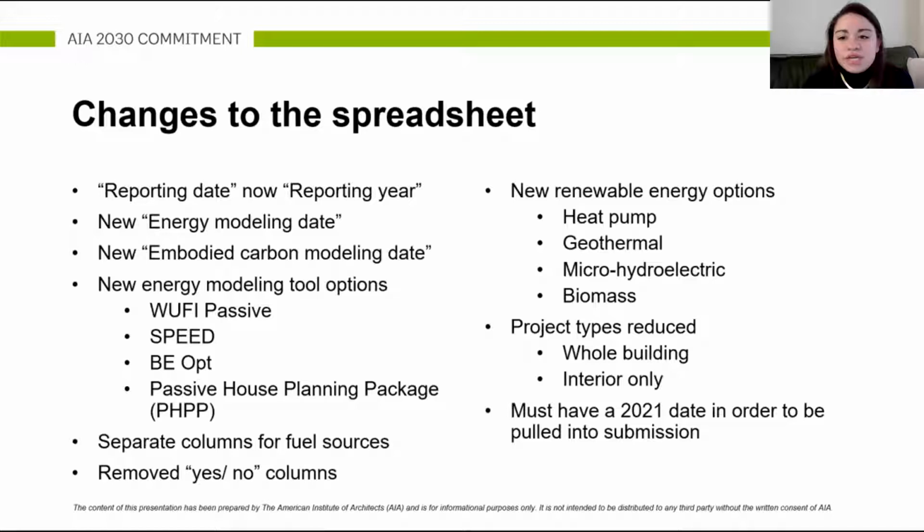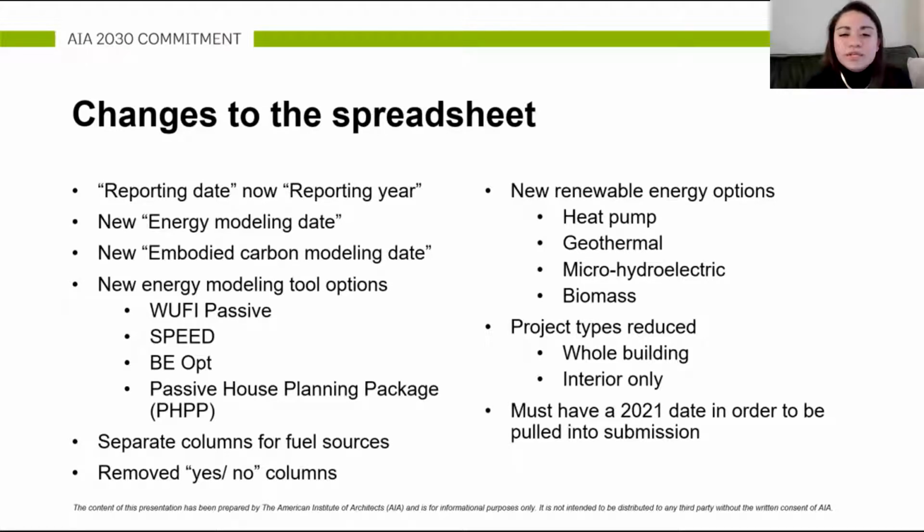In order to make things a little less confusing, we've separated fuel sources into separate columns, so you no longer have to create a string of fuel sources, which caused some issues. We also found that the yes/no columns were causing issues with submission, so we removed those.